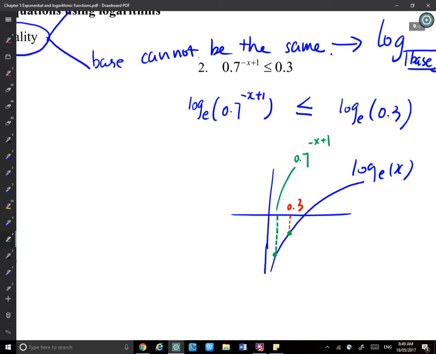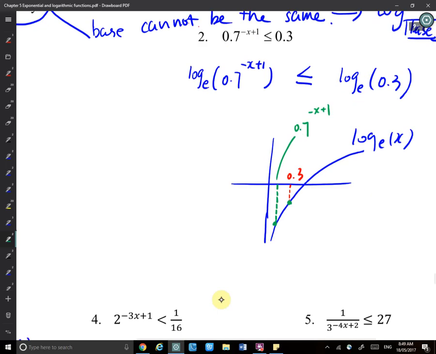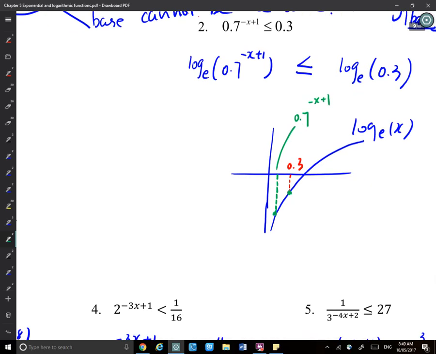So the y value for that one is less than the 0.3 one. So when you log both sides, the sign will still stay the same. But remember, it must be a log base greater than 1. If it's log base 0.7 or something, you can't work this way. So you always use log base e.